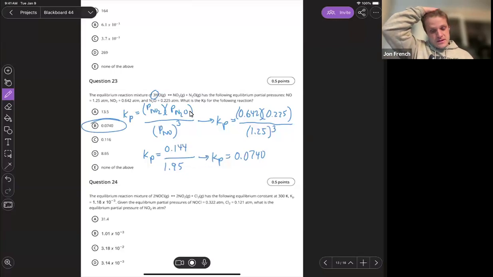So for something like this, always just make sure you've got the equilibrium expression set up correctly. Remember your coefficients. So Tina's question, why did you put the 3NO at the bottom of the fraction? Because it's always products over reactants.